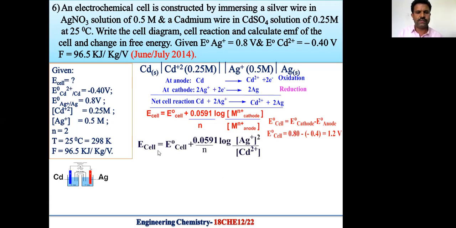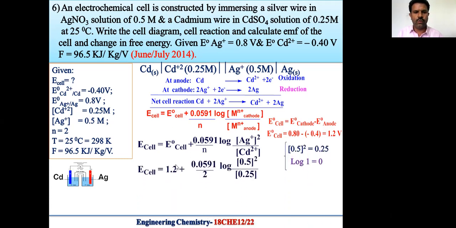So EMF of the cell is equal to E naught cell plus 0.0591 by n log of silver ion concentration divided by cadmium ion concentration. Because 2 moles of silver ions are involved in the reaction, we should square it.